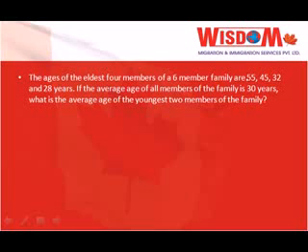So these are 4 numbers. 1, 2, 3, 4. So these are the youngest 2 members, and these are the ages. The average of all the numbers is 30 years.